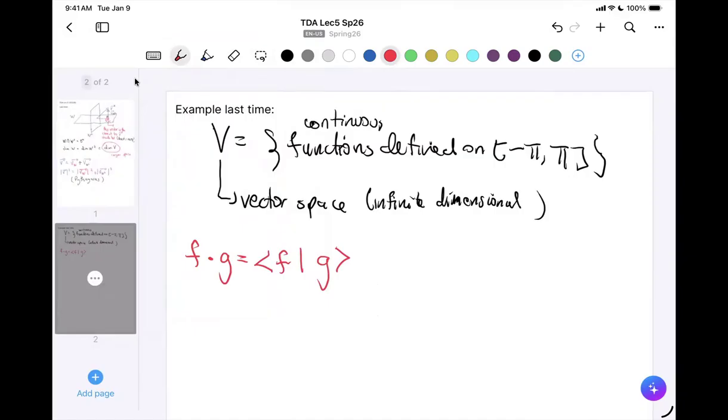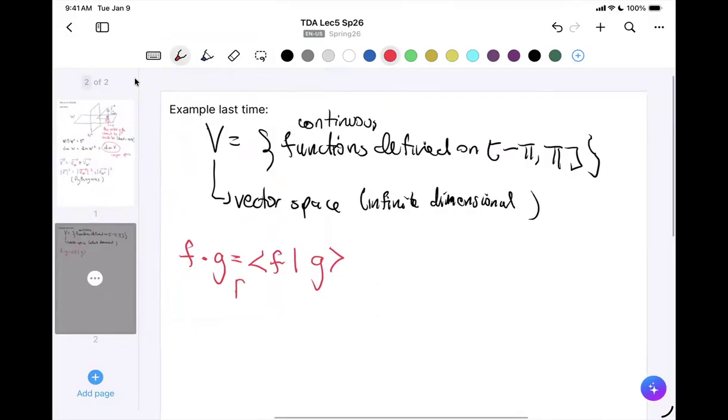But for us it is just a fancier way of saying a dot product. So the idea is that the dot product between two functions is just the integral from negative pi to pi of f of x times g of x.